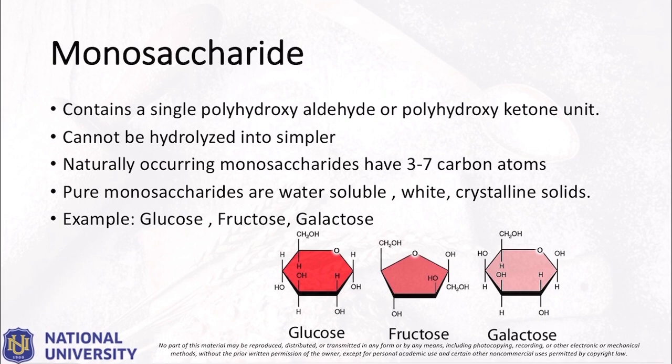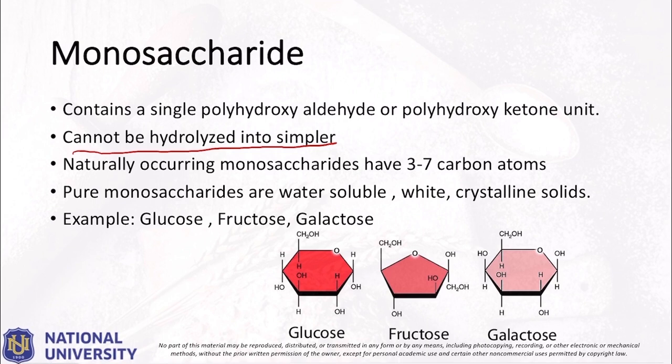Now, focus tayo dito sa monosaccharide. Una, monosaccharide contains a single polyhydroxyaldehyde or polyhydroxyketone unit. And it cannot be hydrolyzed into simpler kasi nga siya na yung simplest, siya na yung monomer, siya na yung building blocks of carbohydrates, no? It cannot be hydrolyzed further.